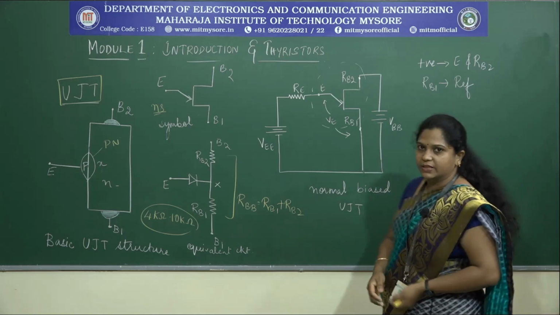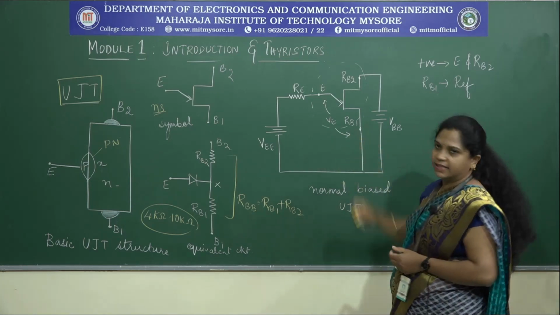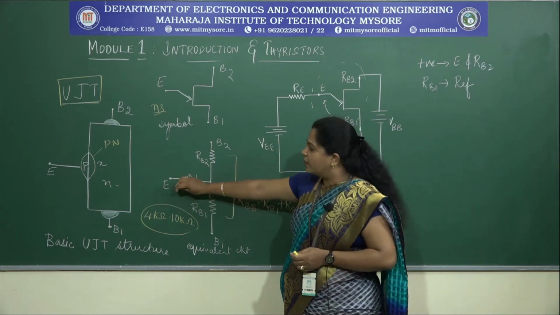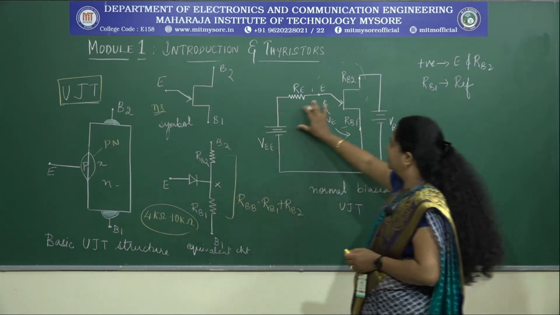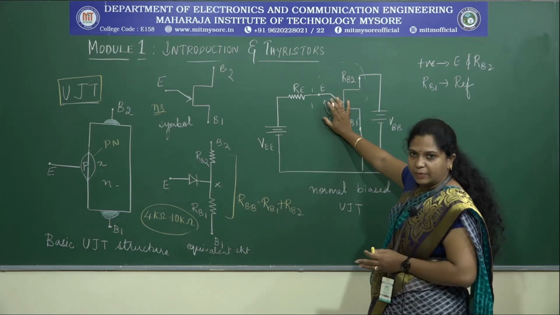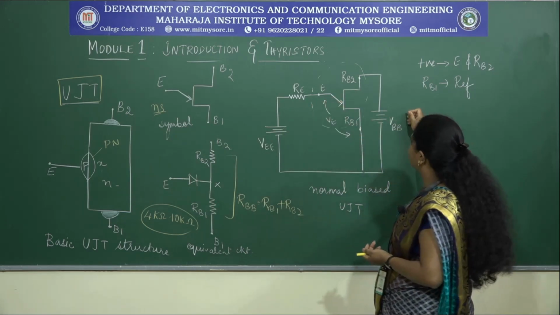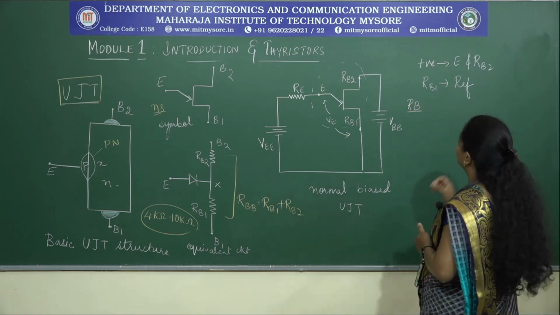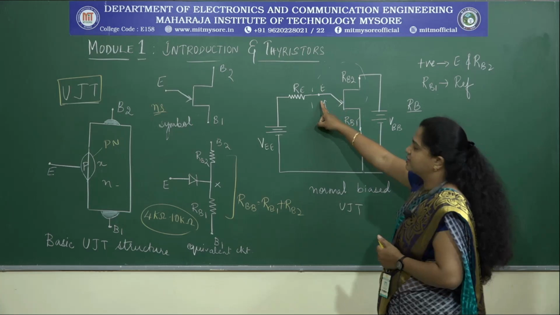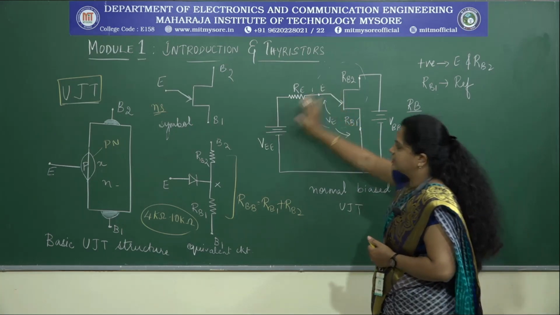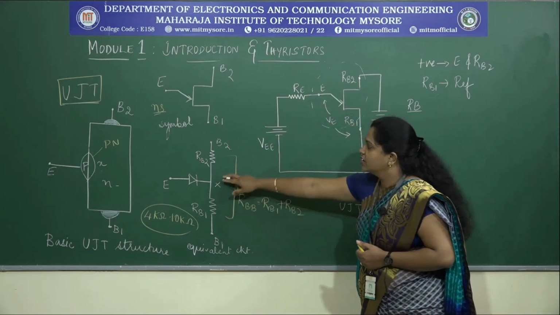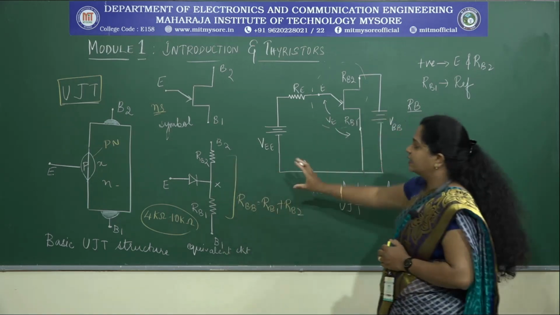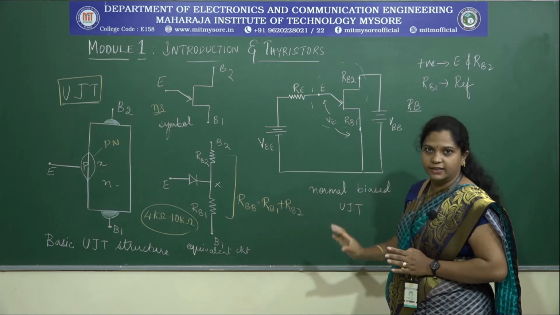Now what happens when this biasing takes place? Coming back to this circuit, when the emitter is open, that is, when the emitter is in the reverse biased condition, the RB1 and RB2 inter-base resistors act as a voltage divider circuit.